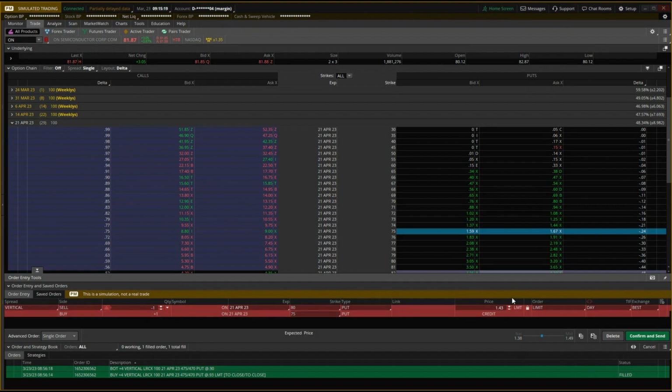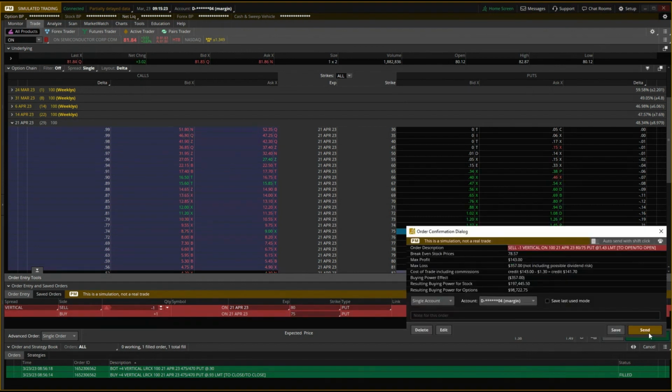So $1.43 on our credit. Let's take a look at the numbers here. I'm going to click on confirm and send. And then first thing I like to look at is the break even. So 78.57 is our break even. You can see the stock's trading at 81.83. So we've got some room to the downside before we at least get to break even. And then our max profit, that's going to be the credit received.